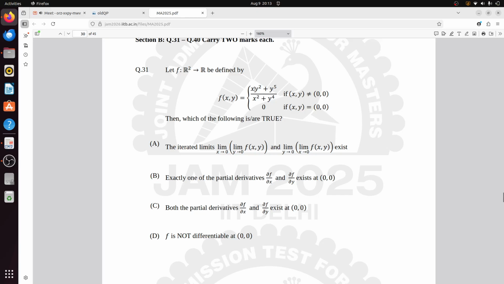First do this: hk square plus k to the power 5 divided by h square plus k to the power 4, minus k. You will get hk square plus k to the power 5 minus h square k minus k to the power 5. So k to the power 5 and k to the power 5 cancel each other. Then you take hk common.